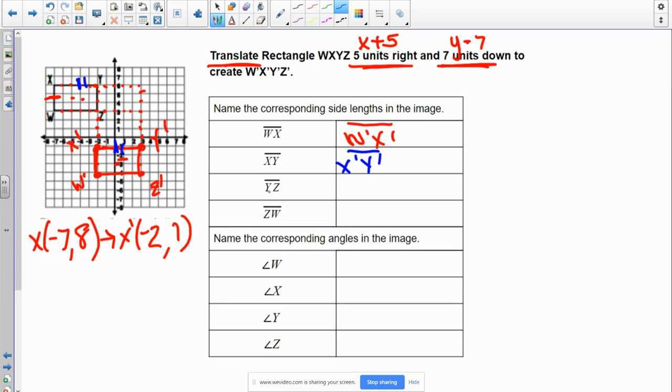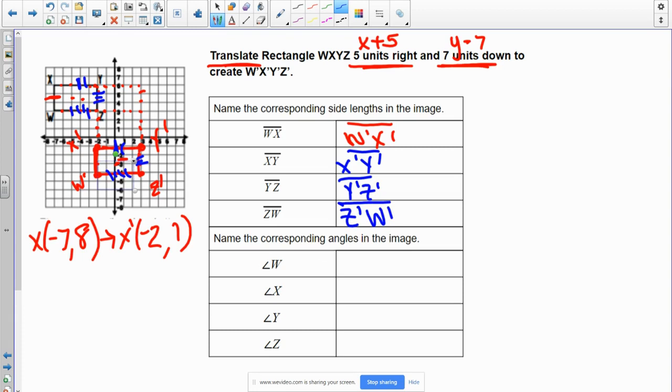Or sorry, YZ, which is this one right here. That, of course, corresponds to this one down here, which is Y prime Z prime. ZW right here corresponds with Z prime W prime, and then put the line above it to be the line segment.